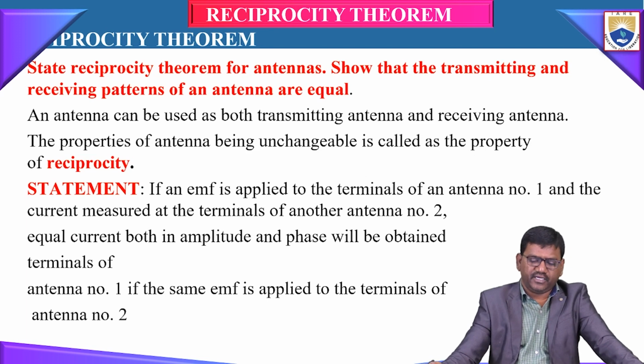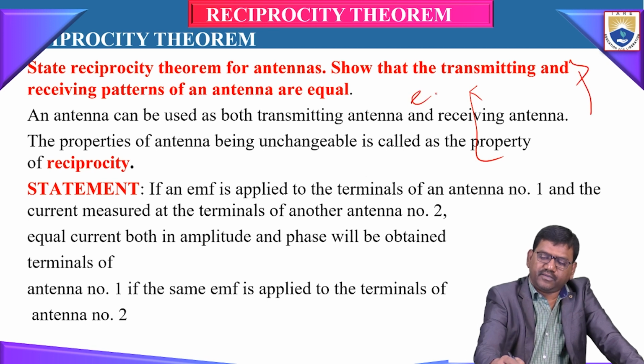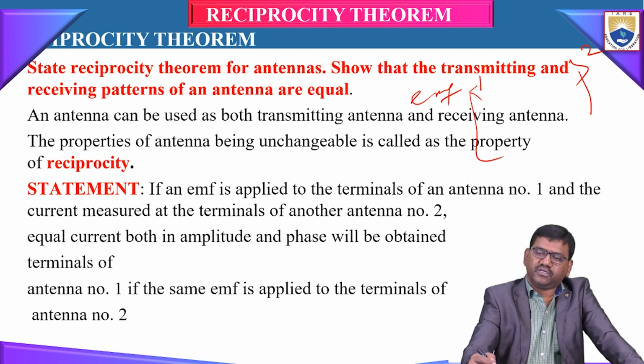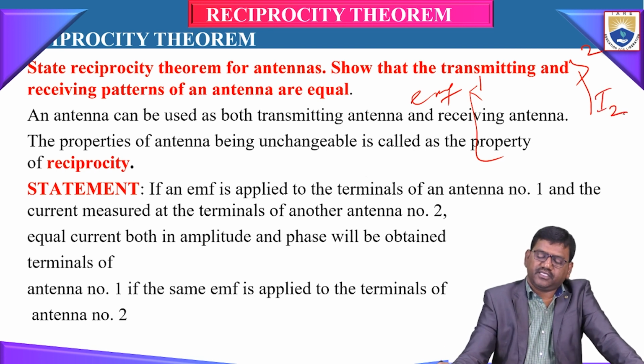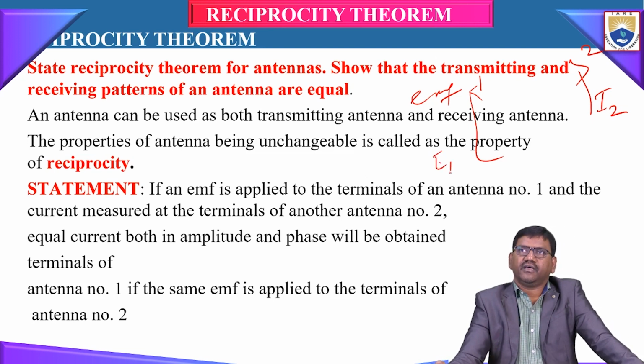According to the statement, suppose there are two networks, two stations here, 1 and 2. We apply an EMF E1 at antenna 1 and measure the current I2 at antenna 2.